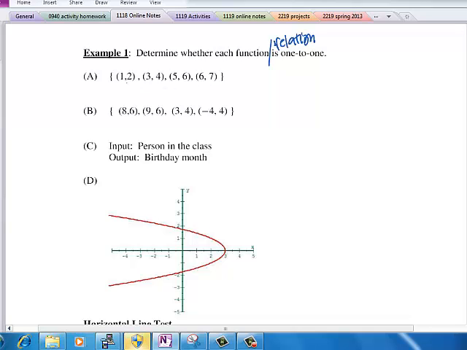So our outputs are 2, 4, 6, and 7, and they each appear with only one input. So this is, yes, a one-to-one function. Each output is paired with only one input.